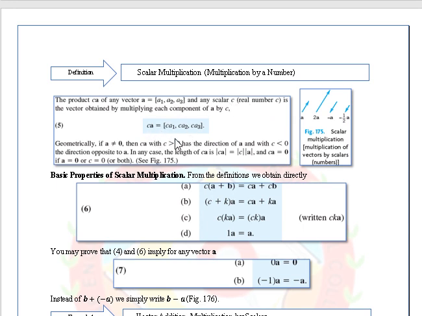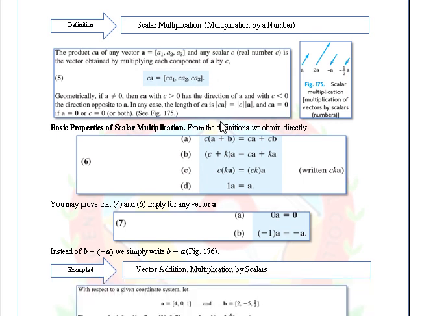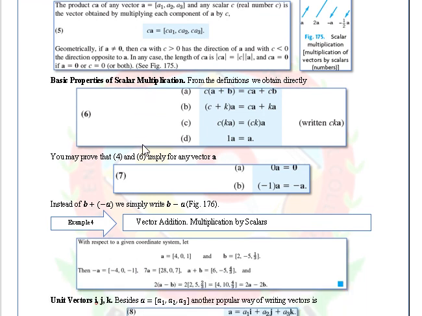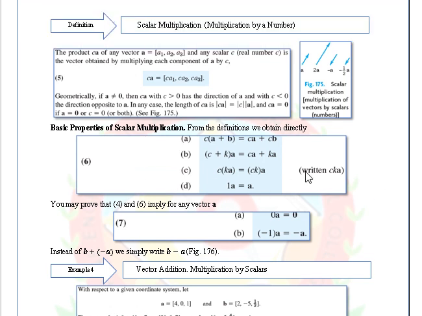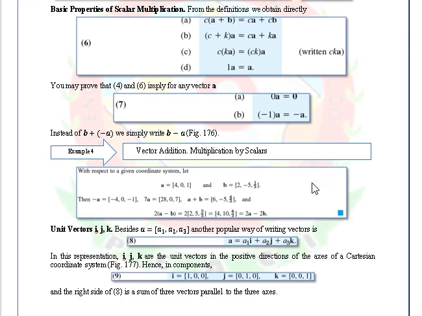Just as what we have done here, C multiplied by vector A is C A1, then C A2, then C A3. So you just have to distribute that to its components along the Cartesian coordinates. These are the basic properties of scalar multiplication. So please refer to it.